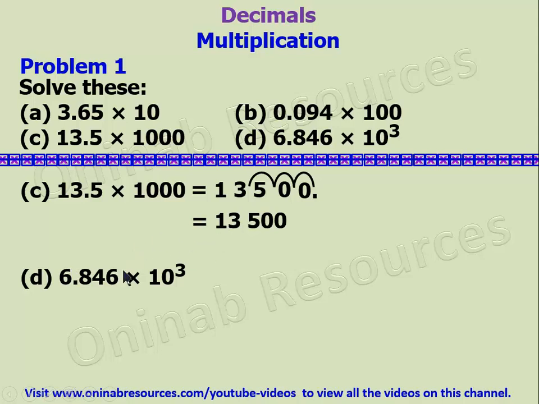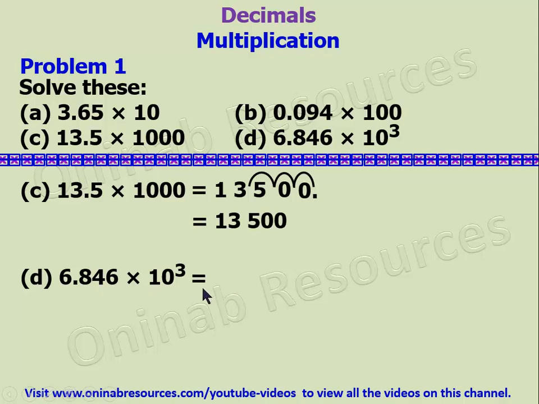In the D part of the problem, 10 raised to the power 3 is 10 times 10 times 10, which is 1000. We might not even go there. What we need is there are 3 zeros here. So we are going to move the decimal point 3 steps to the right.